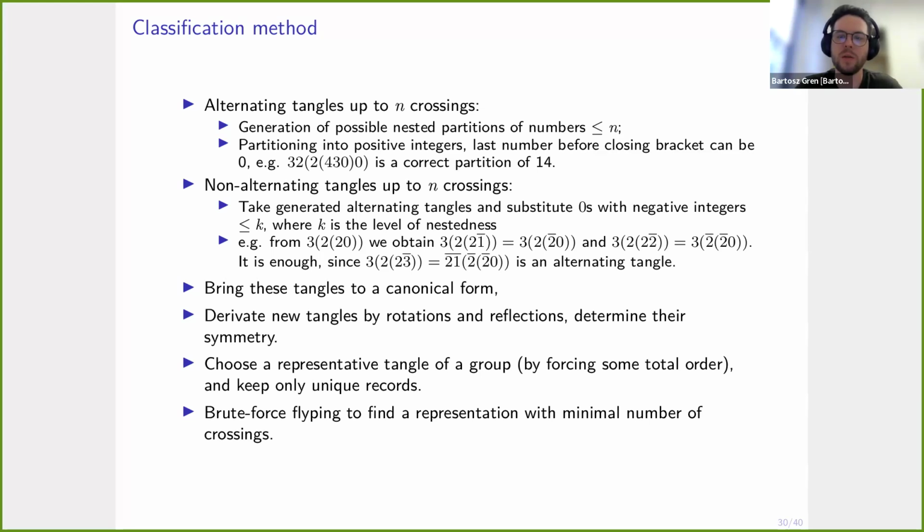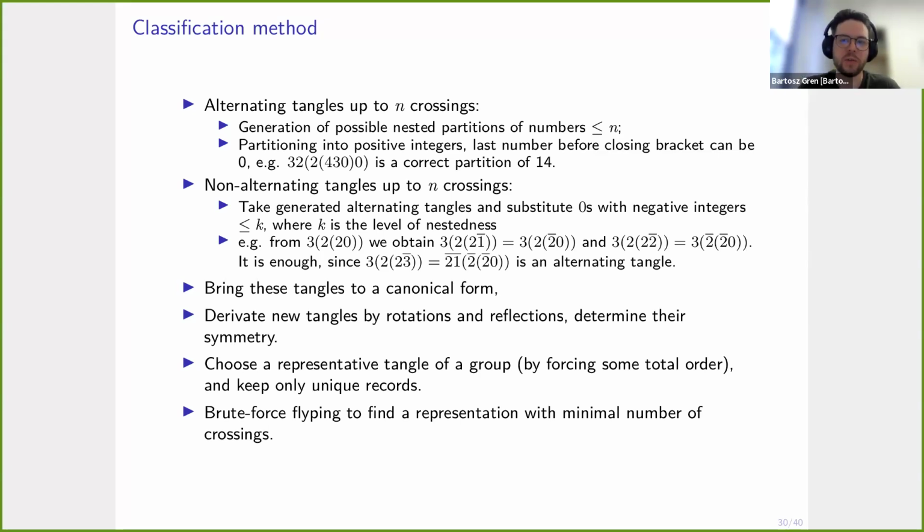So if we want to classify tangles up to 14 crossings, we take all numbers up to 14 and partition them into all possible nested sequences with positive numbers, but there can be zeros at the end of each nested sequence.